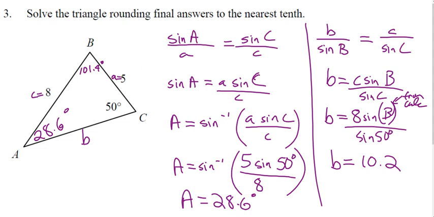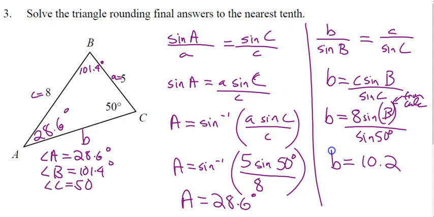All right, so solve the triangle. We have angle A is equal to 28.6 degrees. Angle B is equal to 101.4 degrees. Angle C is equal to 50 degrees. Little a is 5, little b is 10.2, and little c is 8.